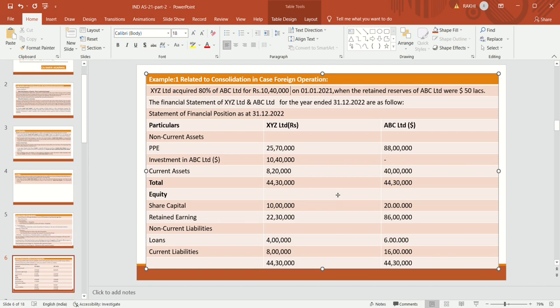Current asset is 8,20,000, and in ABC Limited 40 lakhs. Equity share capital in XYZ Limited is 10 lakhs and ABC Limited 20 lakhs. Retained earnings are 22 lakhs 30,000, and in ABC Limited 86 lakhs. Then non-current liability, loan, is 4 lakhs and ABC Limited 6 lakhs. Current liability is 8 lakhs and ABC Limited 16 lakhs. This is the financial position of XYZ Limited and ABC Limited.